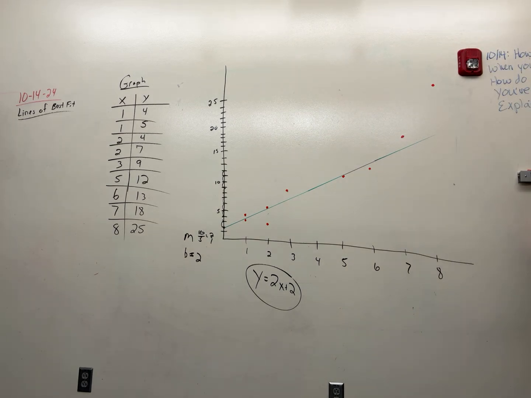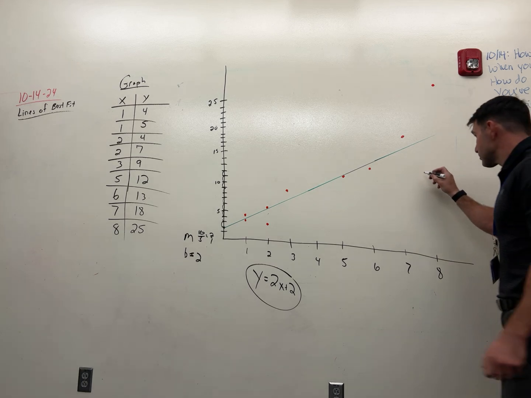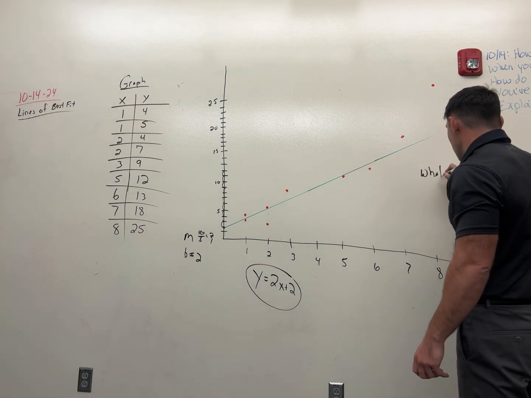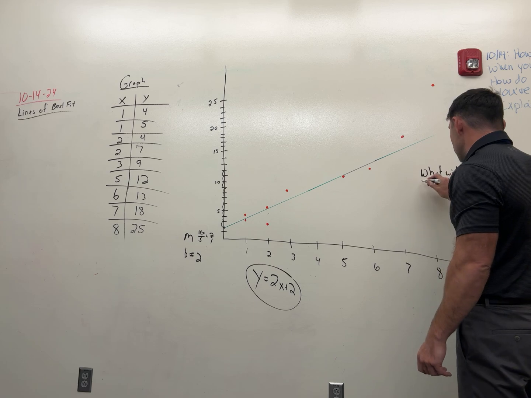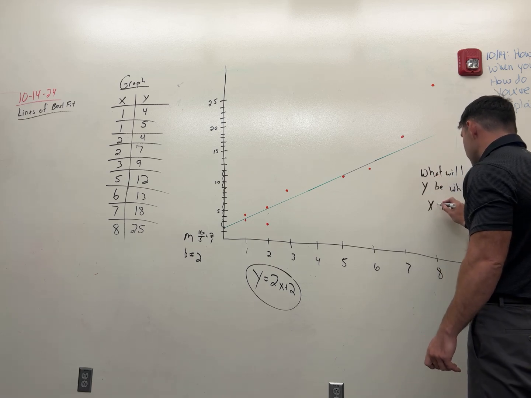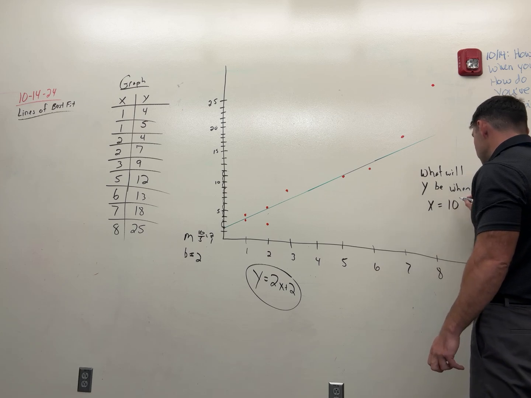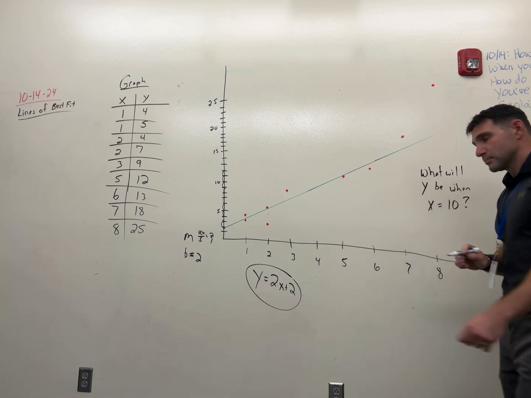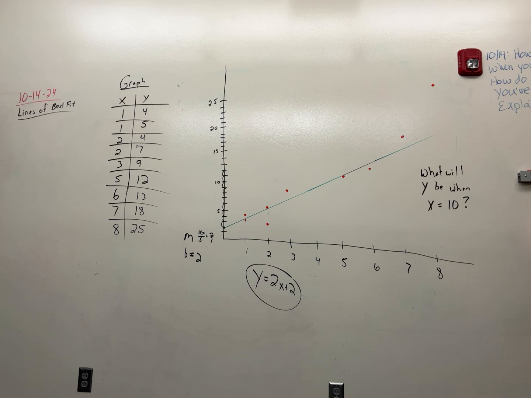With this line that we've just created, what will y be when x is equal to 10? Well, how could we find this? Based off of our line of best fit, we have an equation, we have an x.